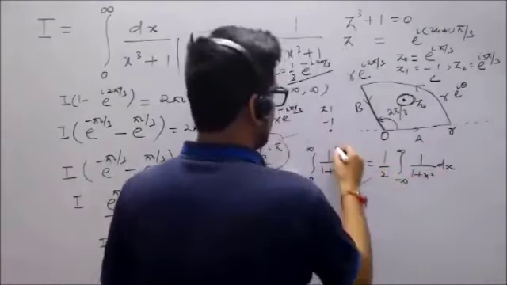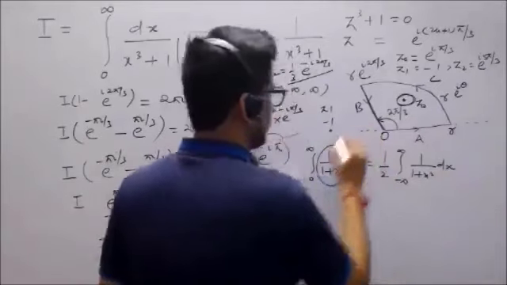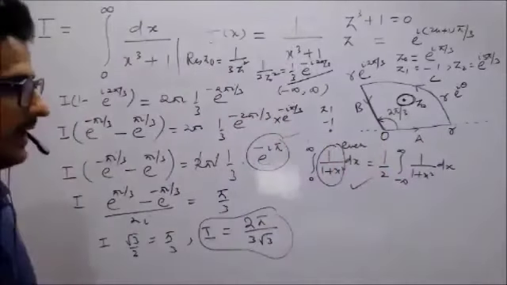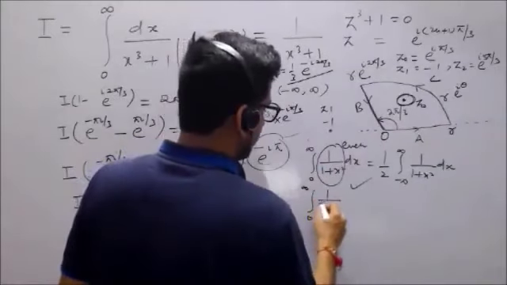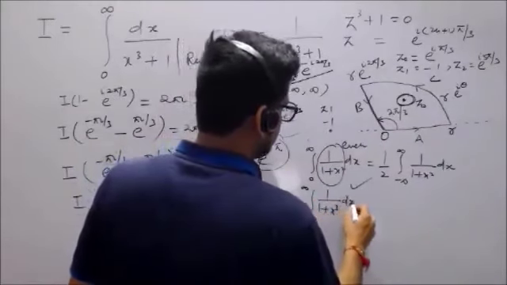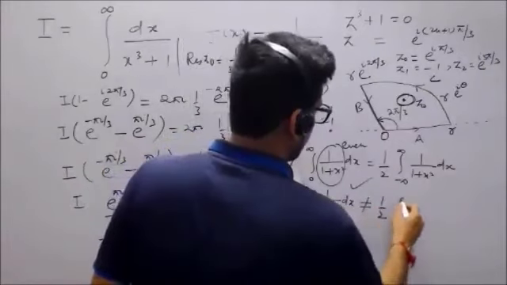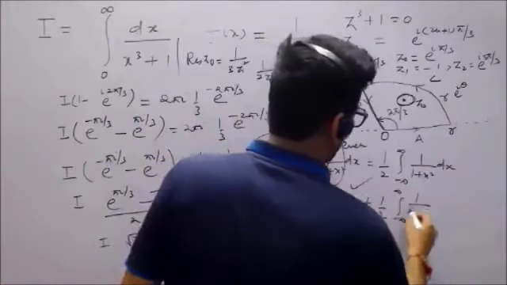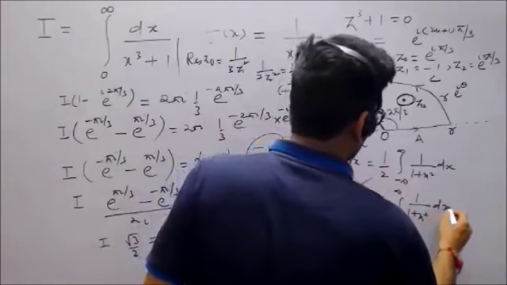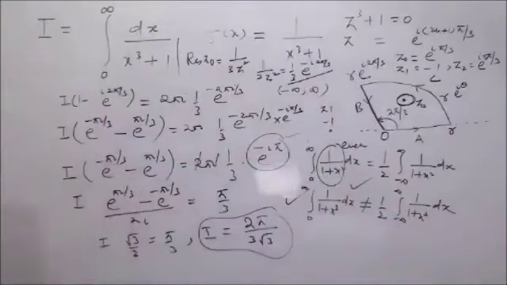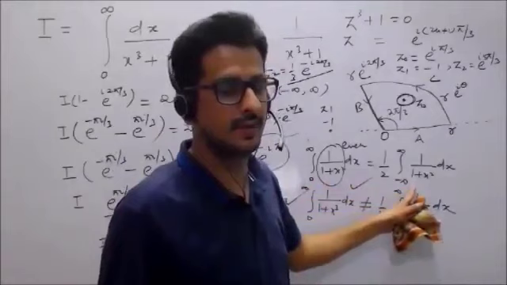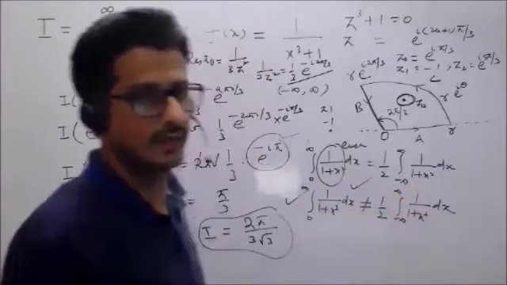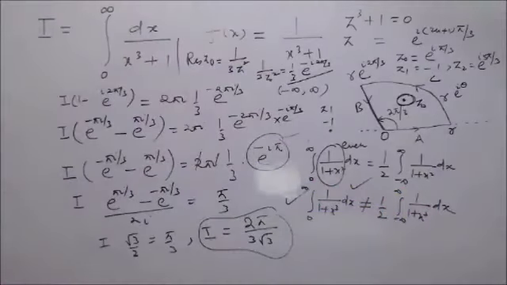This is okay because this is an even function. But if you have 0 to infinity 1 upon 1 plus x cube dx, it cannot be written as half minus infinity to plus infinity 1 upon 1 plus x cube dx. That is the whole point. Because if this can be done, then we know how to handle minus infinity to plus infinity. We already know how to handle that.